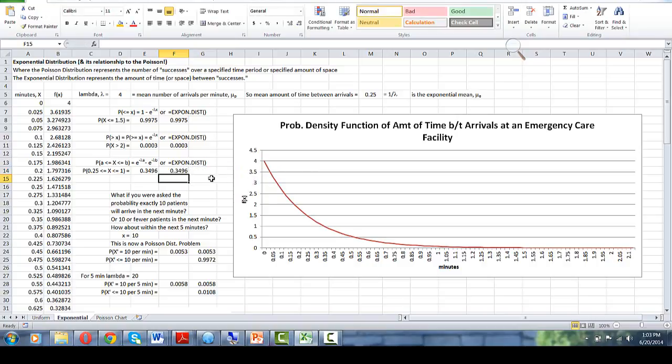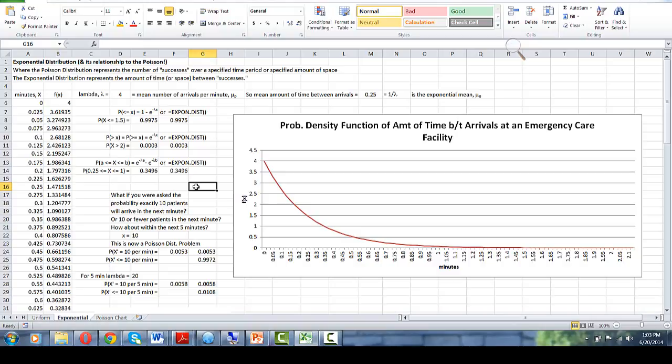Whereas here we were doing greater than or equal to minus greater than or equal to, so we were actually starting with the smallest value minus then the largest x value. So these are a little bit different, but mathematically they're getting at it area-wise, just a little differently. Okay, so that's calculating the different situations for an exponential distribution.